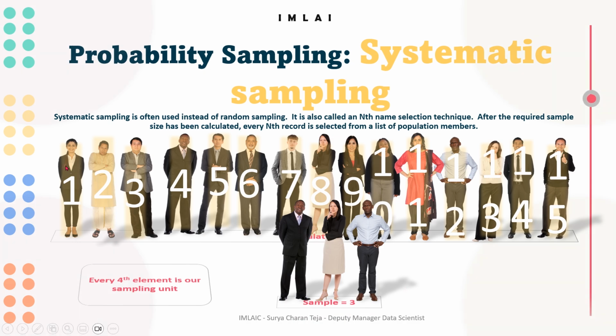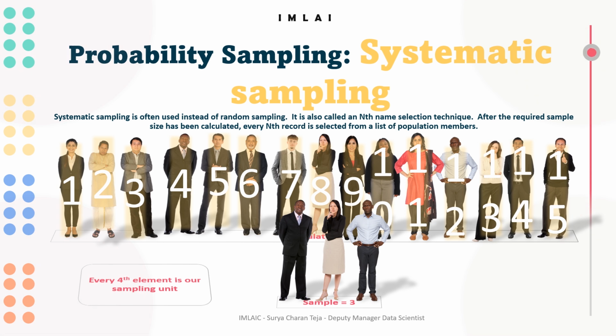Again, I'm repeating, the first element should be selected randomly from the first k elements. Then after that, you have to increment it by k each time.